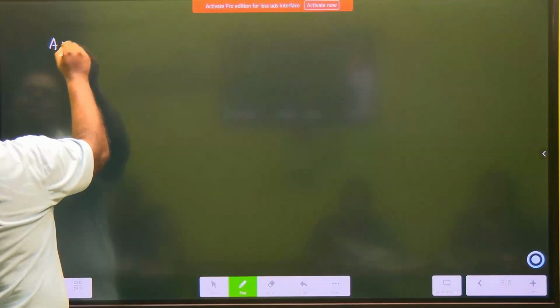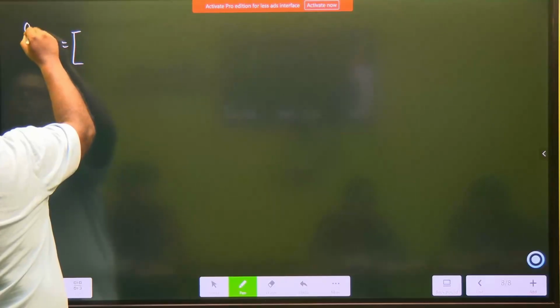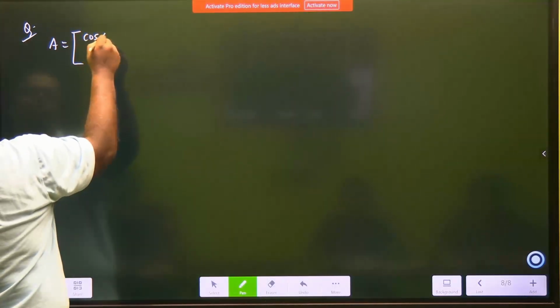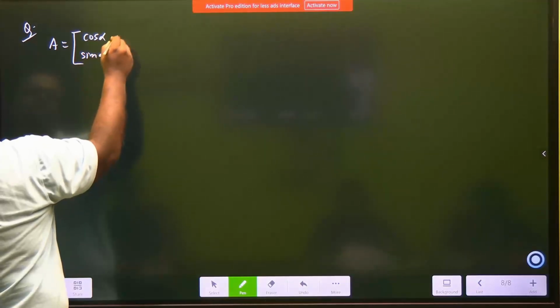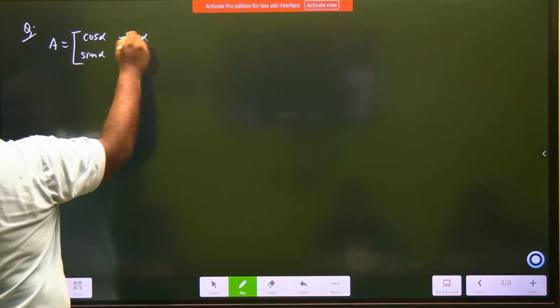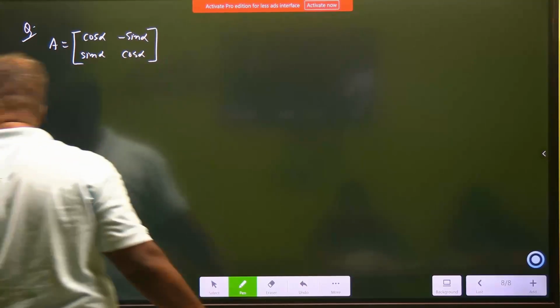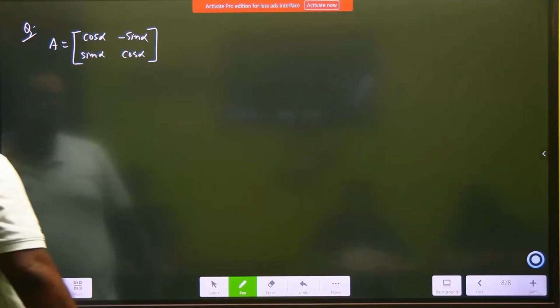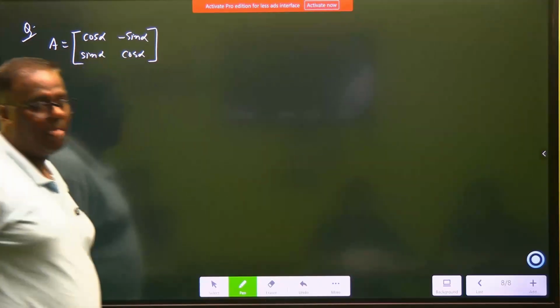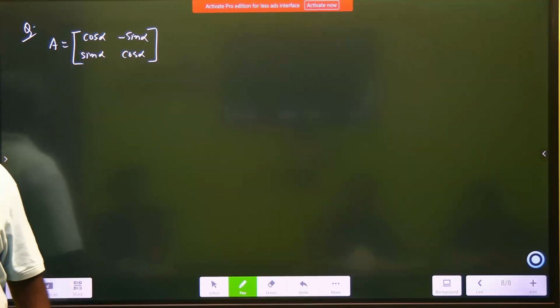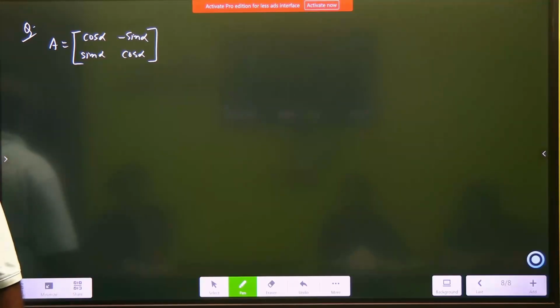A is given as cos alpha, sin alpha, negative sin alpha, and out here I have cos alpha, right? This is my matrix, and it says, does this matrix have real entries? We said symmetric and skew symmetric will always be when the entries are real.